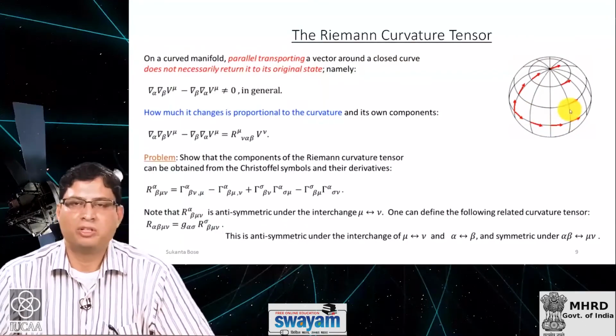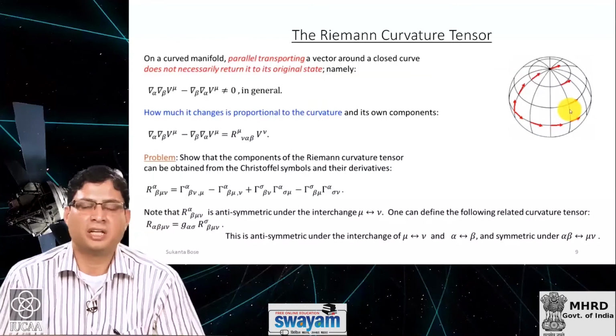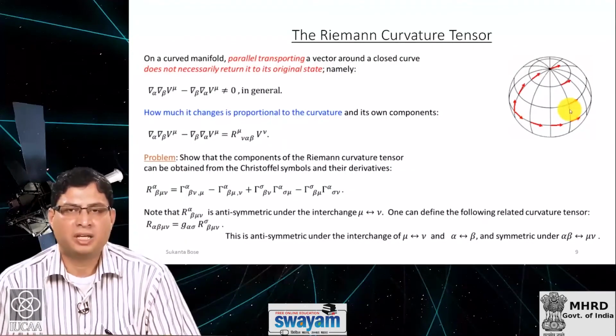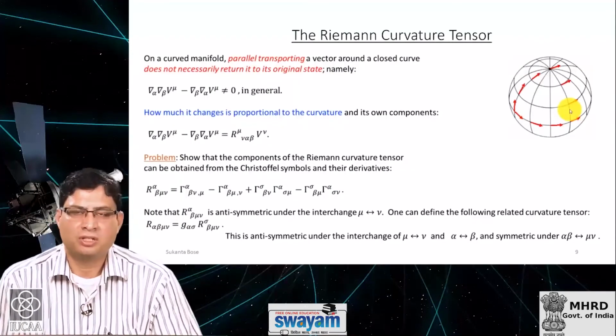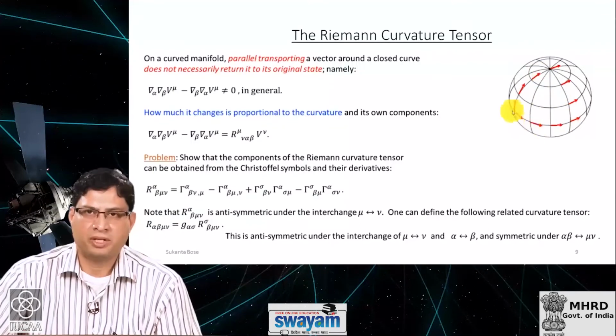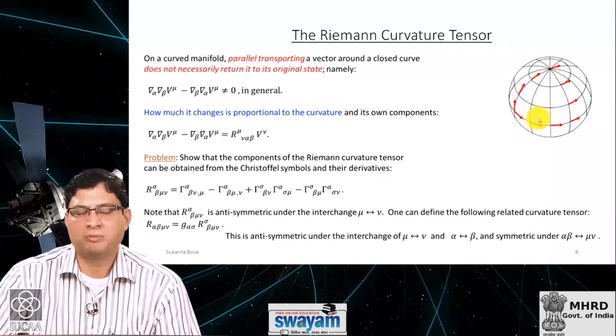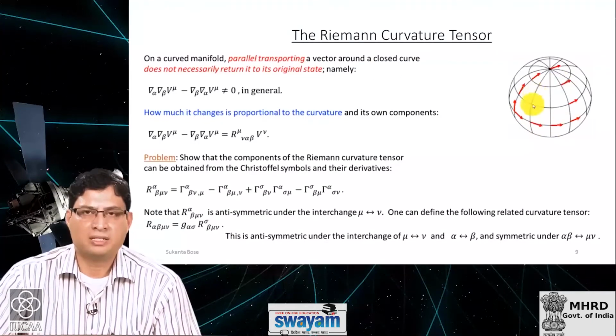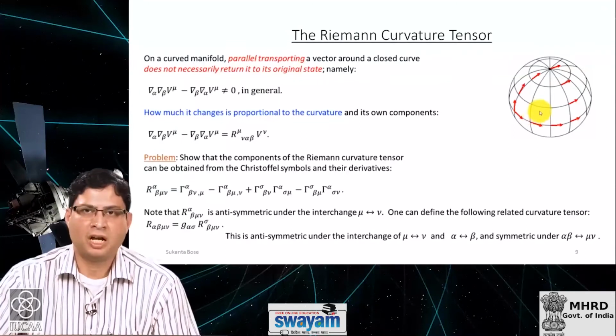And you know from Euclidean geometry that the sum of the internal angles of a triangle in flat space is exactly 180 degrees, not a bit more, not a bit less. Here the sum is more, and this is a positively curved space. If it were flat space, it would be zero curvature space. If the sum were less than 180, that would be negatively curved space, a hyperboloidal space.